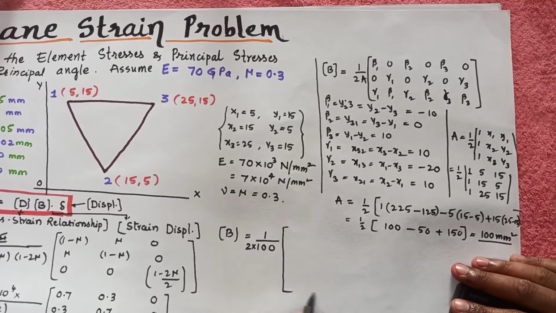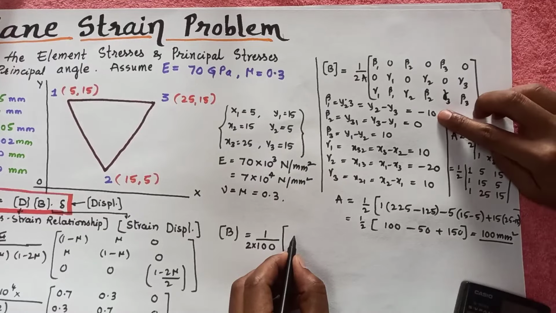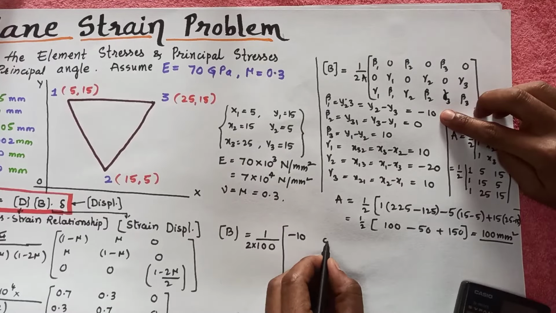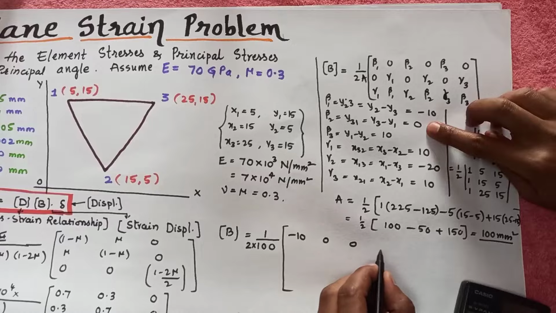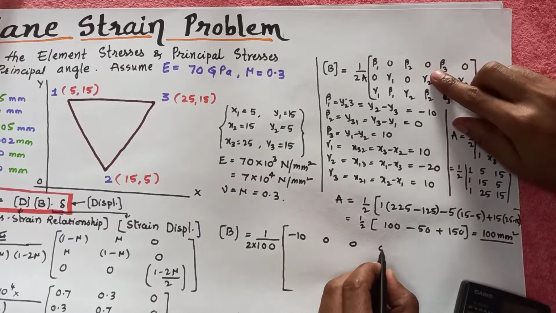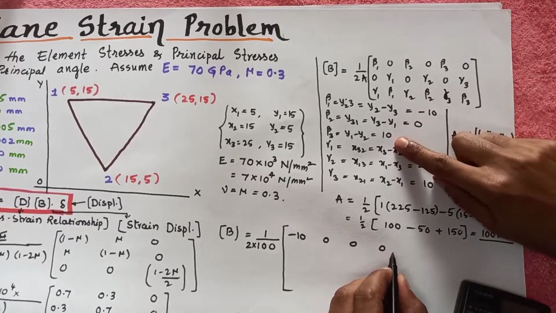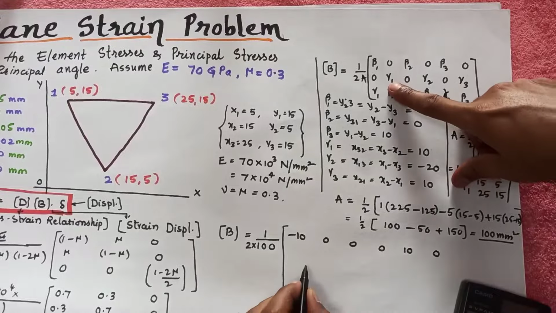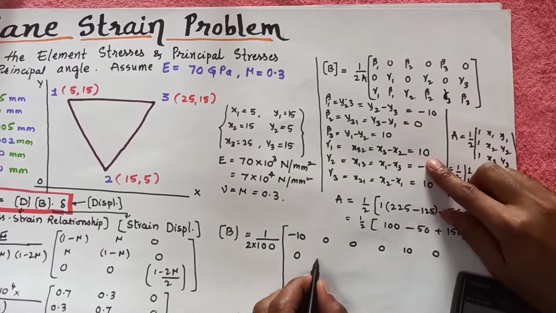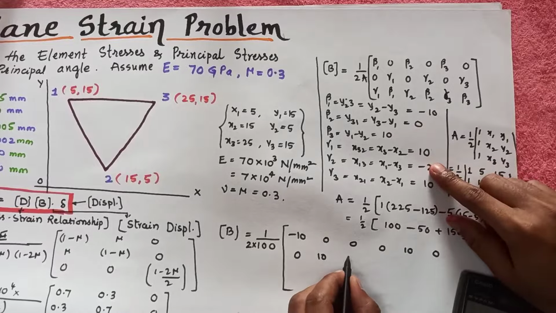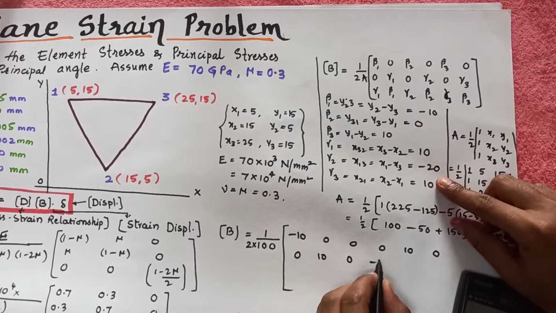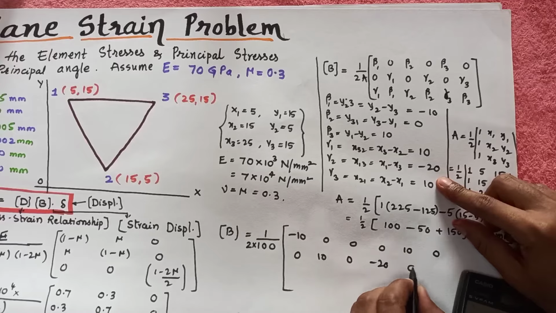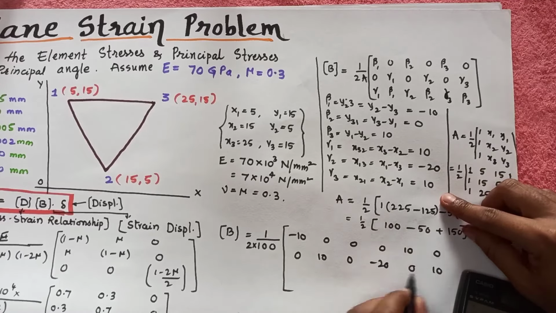So now beta 1 value is minus 10, 0, beta 2 is 0, then 0, beta 3 is 10, and lastly 0. Now 0, gamma 1 is 10, 0, gamma 2 is minus 20, 0, and gamma 3 is 10.